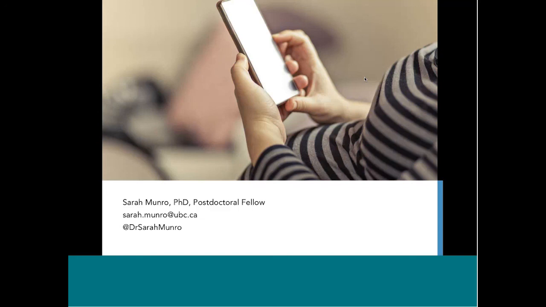The different ethnicities involved in those two studies were primarily women who identified as Asian or Indigenous. And when I say Asian, I mean from China and from South Asia, India.